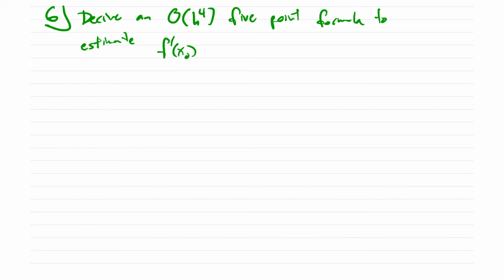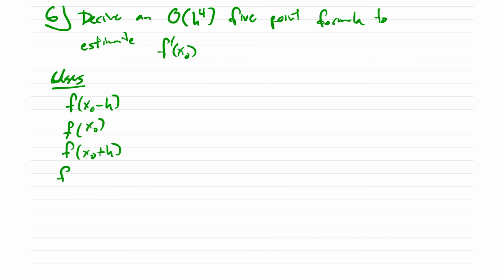That uses f of x naught minus h, f of x naught, f of x naught plus h, f of x naught plus 2h, and f of x naught plus 3h.